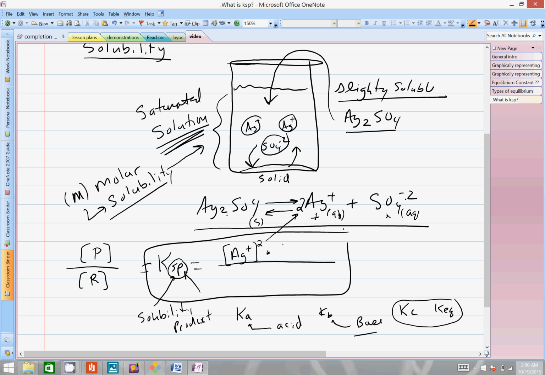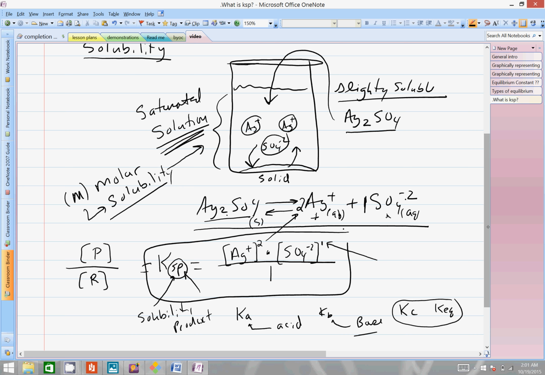Then multiply it times SO4 minus 2, bracket. Now, there's a coefficient of 1 here, so this 1 goes right there. Again, we never show this 1. If you don't see it there, you'll assume it's there. And the fact that the only reactant we have is a solid, it's gone. You either can leave it off or you can put a 1 below.